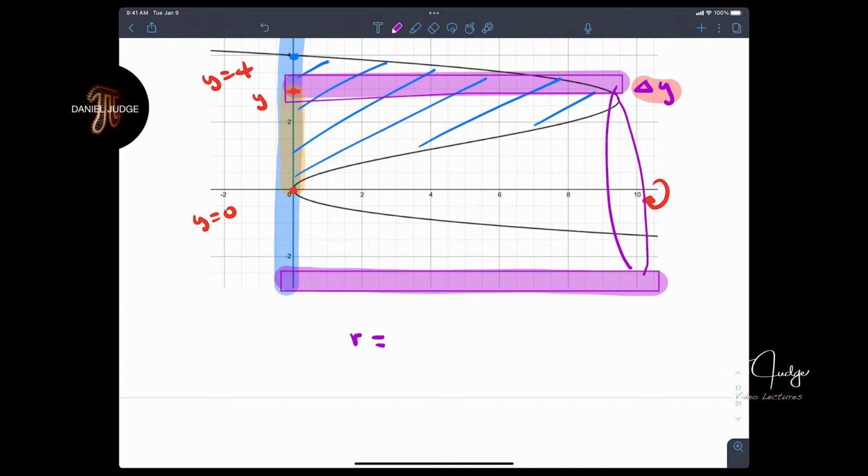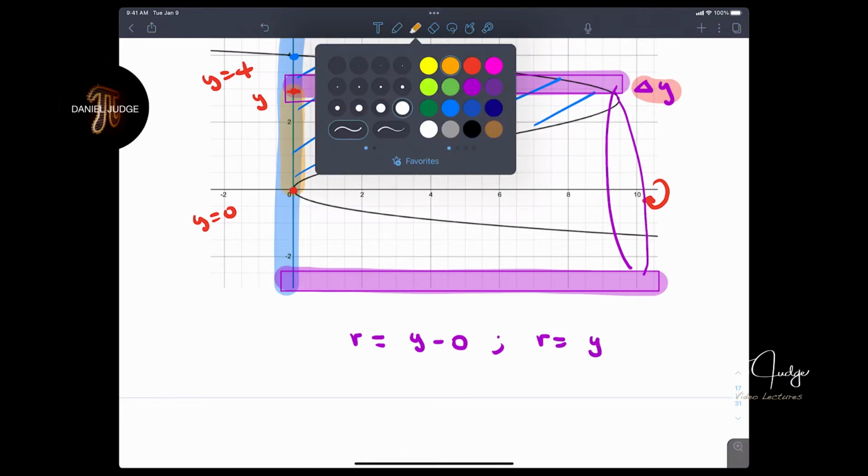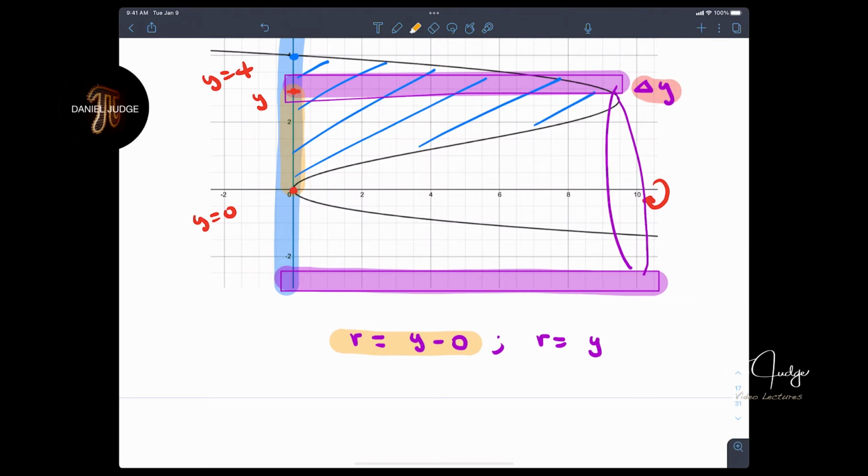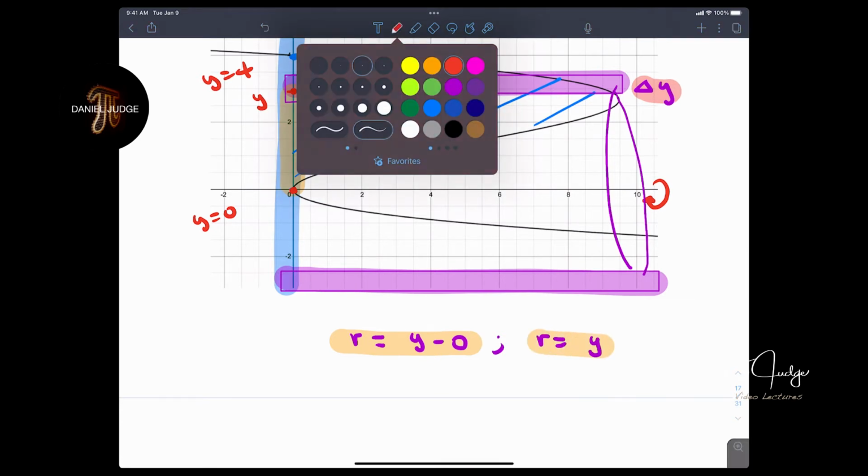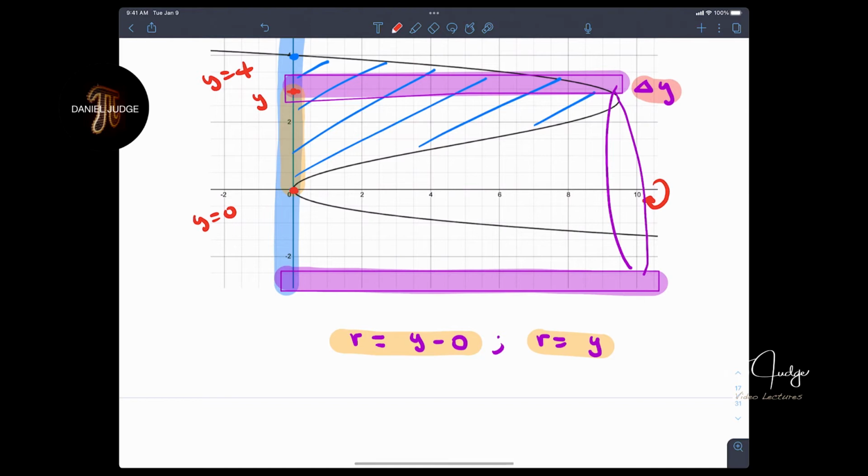So it's the top minus the bottom, so it's y minus 0, or the radius is just y. Because there's y here, and this is where it's 0. So it's an arbitrary y value up here, y minus 0, and that's for our radius.